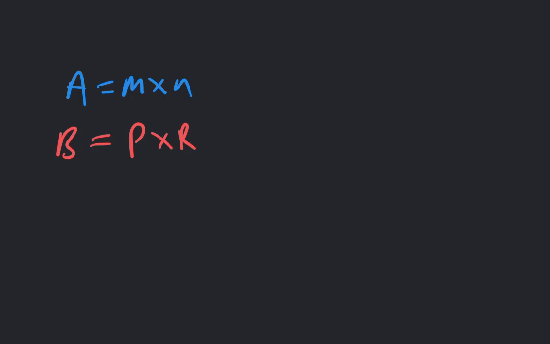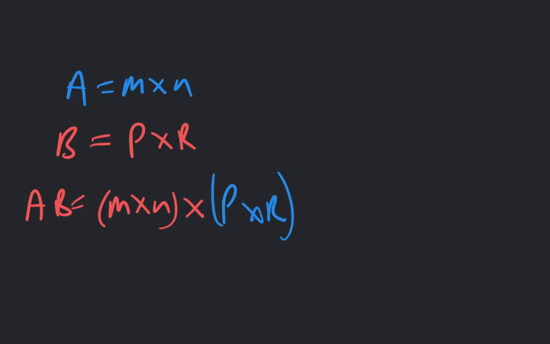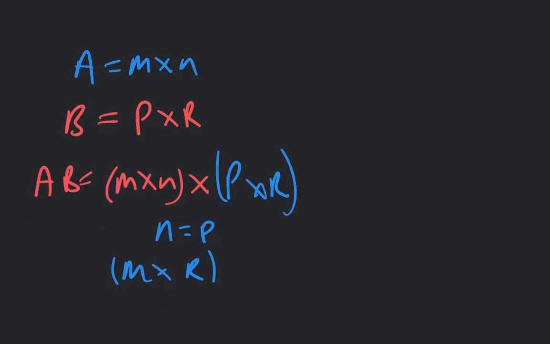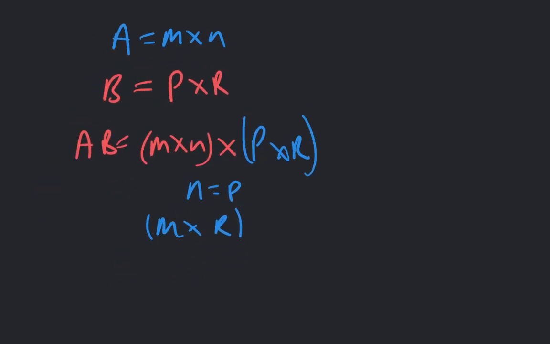So if we do AB, we're going to be doing M times N times P times R. And this is only defined when N is equal to P. And this will give us a new matrix of M times R, which means if M is equal to 3 and R is equal to 4, then we have a 3 by 4 matrix.